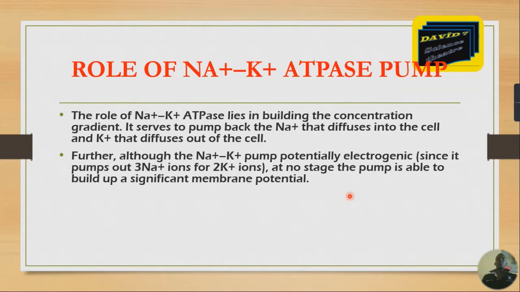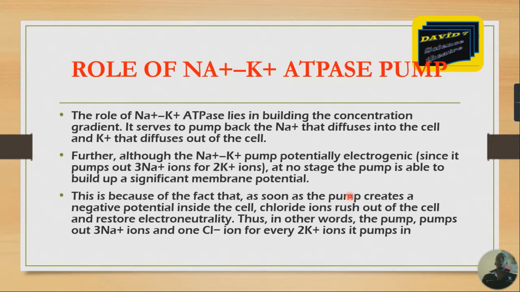So further, although the sodium potassium pump is potentially electrogenic because it is pumping 3 sodium out and 2 potassium inside, at no stage is the pump able to build up a significant membrane potential. The pump itself can't build up a significant membrane potential, though it is electrogenic, okay?